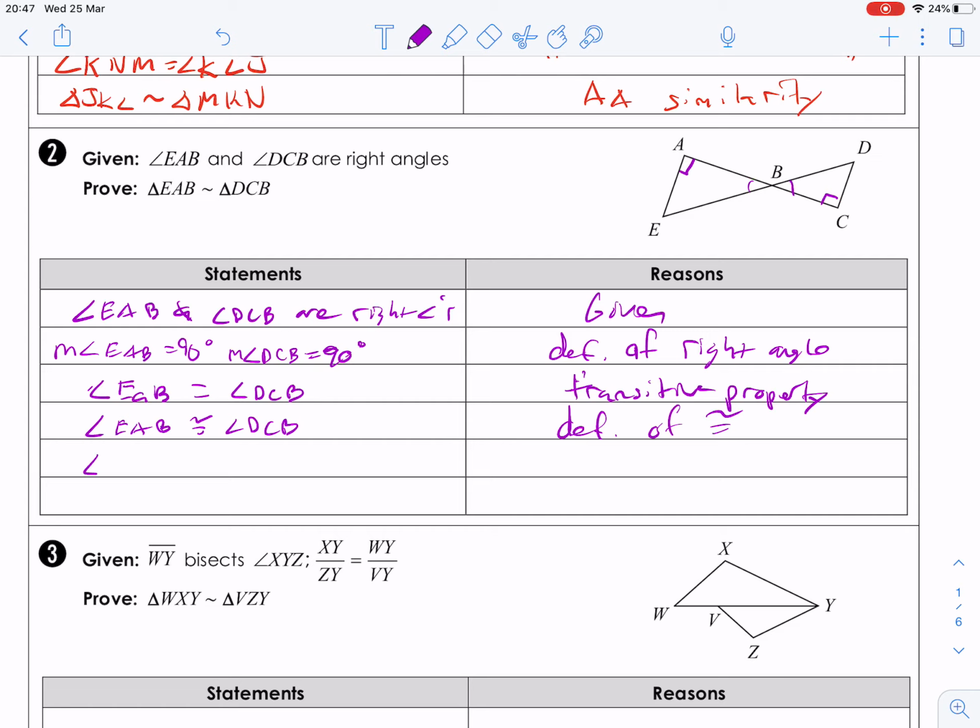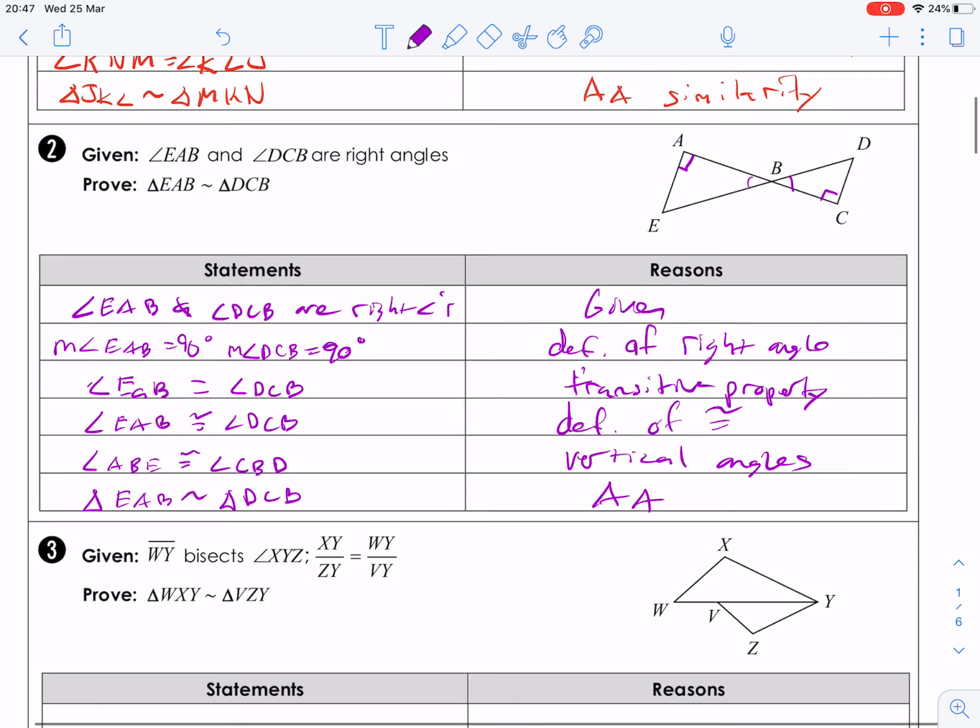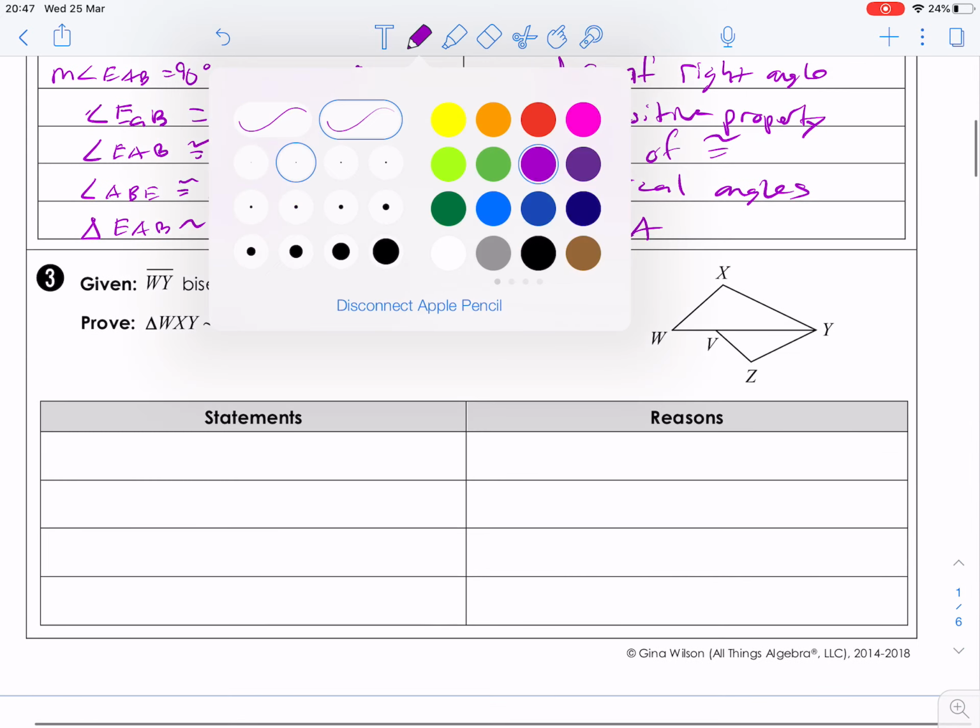So angle ABE is congruent to angle CBD because of vertical angles. And then we got it. Triangles EAB and DCB are similar because of AA. There we go. Hopefully you guys remember this stuff.